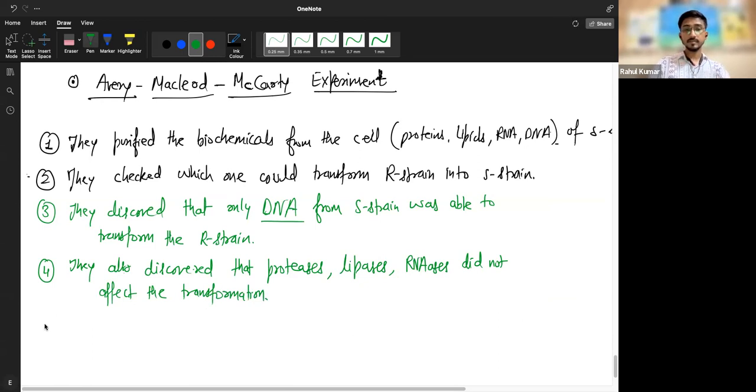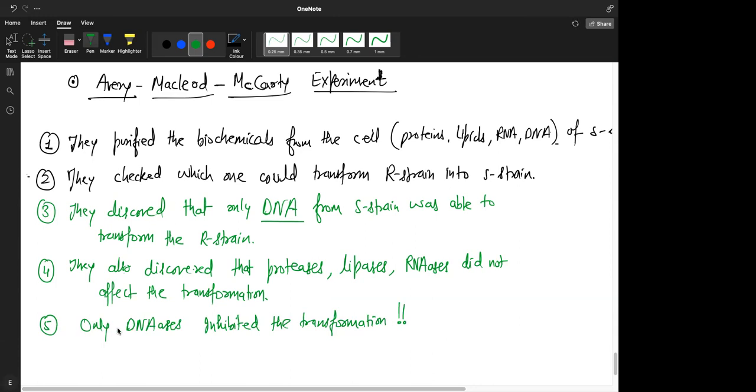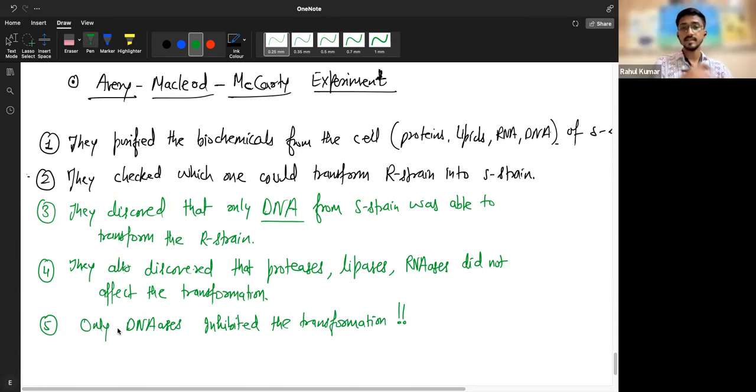But what will affect the transformation? DNases. Okay. Only DNA digesting enzymes called DNases inhibited the transformation. Is it clear? Yes, sir. This is just a proof of principle. It's just to cross check that yes, DNA is the genetic material.